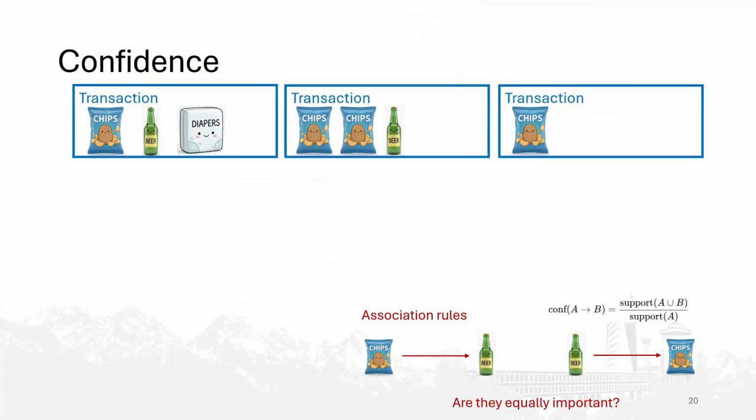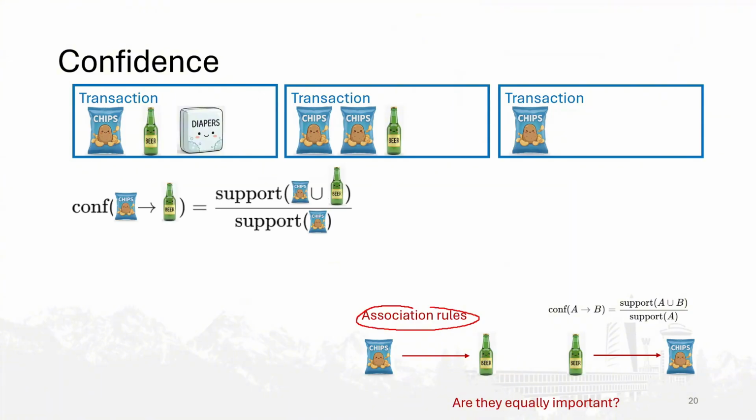So let's do the calculation here. Let's say we have this transaction, and we have the association rules that we get here. Now we want to calculate the confidence. Let's say we want to calculate the confidence for our first association rule, where if you see the customer buy chips, then how likely the customer will also buy beers. To calculate that, first of all, you want to know how many times did you see the customer buy beer and chips together? And then you want to know how many times did you see the customer buy chips, right?